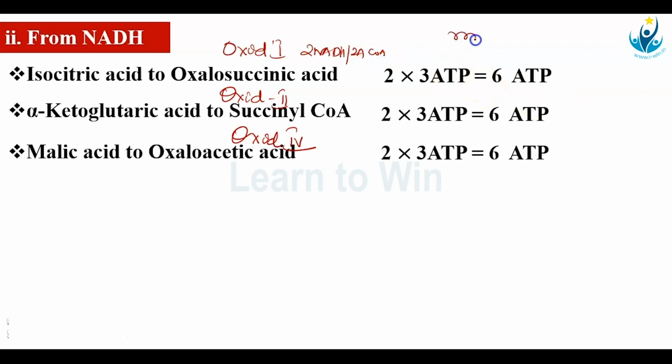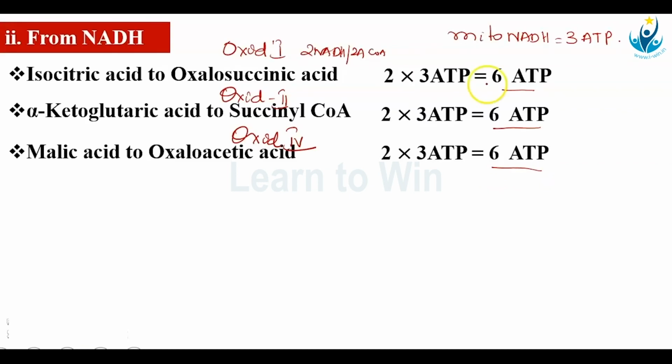And these NADH are mitochondrial, and I hope you're all perfect with the idea that each mitochondrial NADH is worth 3 ATP. So you are getting 2 NADH in oxidation 1, that is worth 6 ATP, 2 NADH in oxidation 2, which again gives 6 ATP, and 2 NADH in the 4th oxidation, which gives 6 ATP. So you are getting a total of 6 plus 6 plus 6, 18 ATP from NADH.